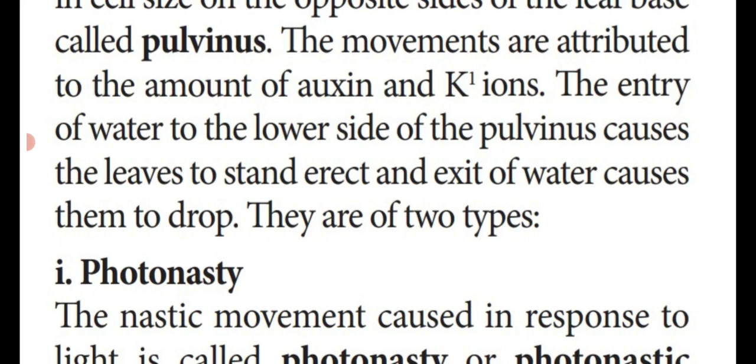So the movements of leaves and flowers also take place due to potassium ions. The entry of water in the lower side of the pulvinus causes the leaf to stand erect, that means it will be open. If water does not enter the lower side of the pulvinus, the leaves close.